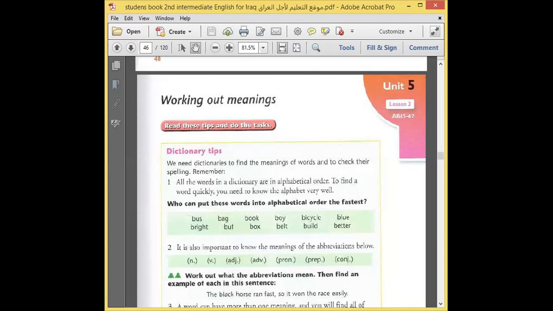So I want someone to read the dictionary tip for us. Who can read? For those who want to read, please tell me in the chat section so I can unmute you. Who wants to read the dictionary tips? No one?